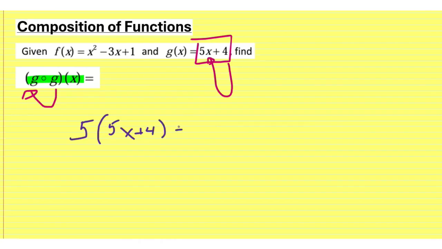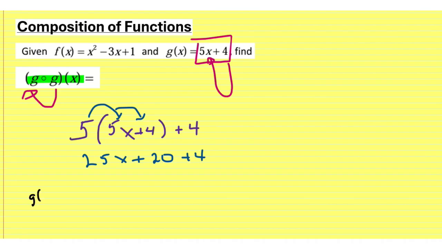And then it is plus 4. And then I'm going to distribute that 5 into the parentheses in order to eliminate the parentheses. So 25x plus 20 plus 4.